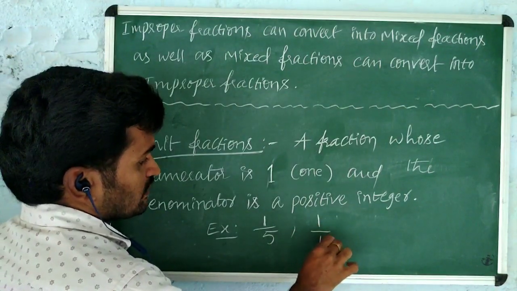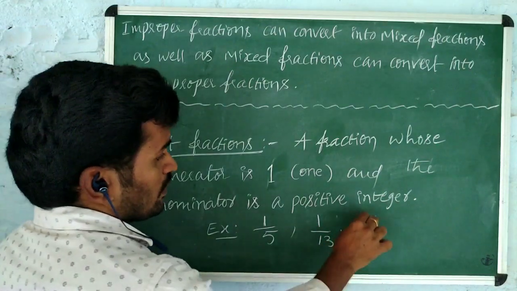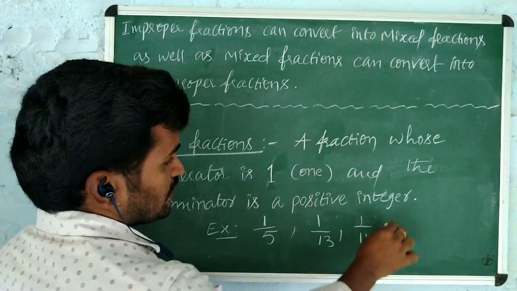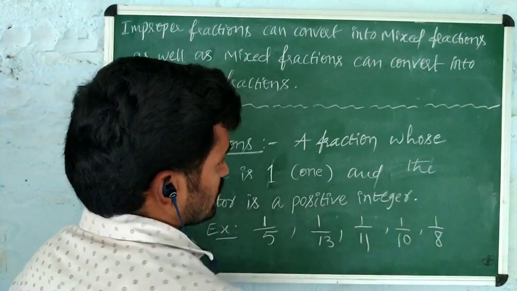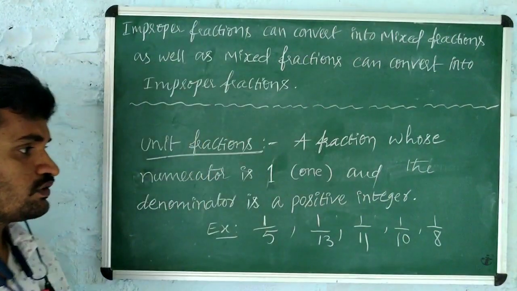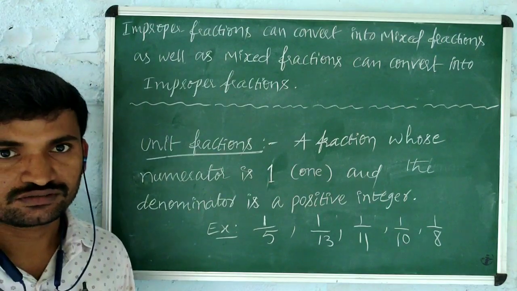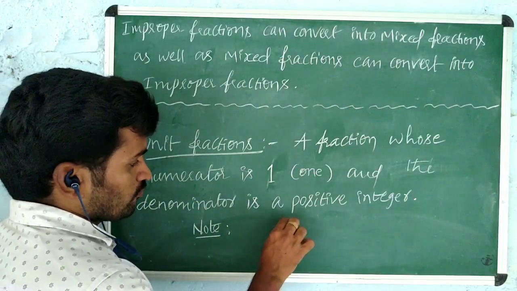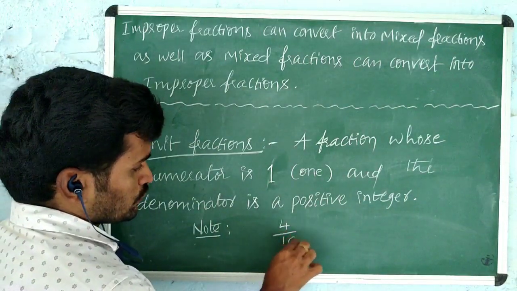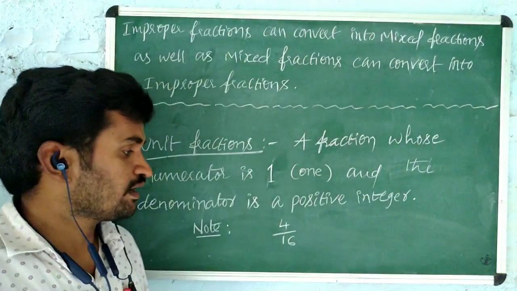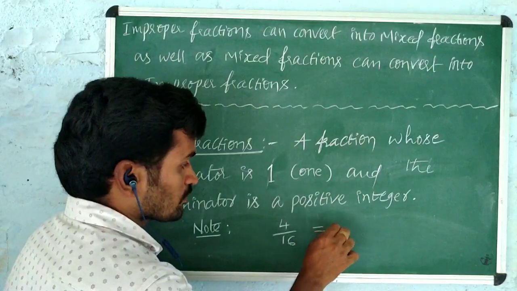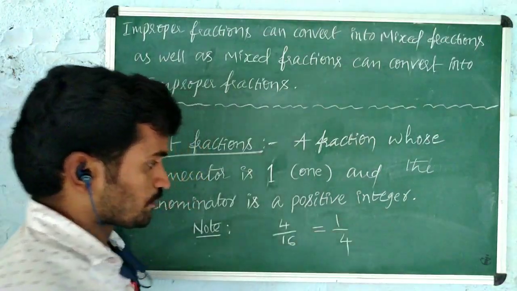So we can write more examples. 1 by 13 is also a unit fraction, 1 by 11 is also a unit fraction, 1 by 10 is also a unit fraction, 1 by 8 is also a unit fraction. So these are the unit fractions. Here 4 by 16 we can write as 1 by 4 also.